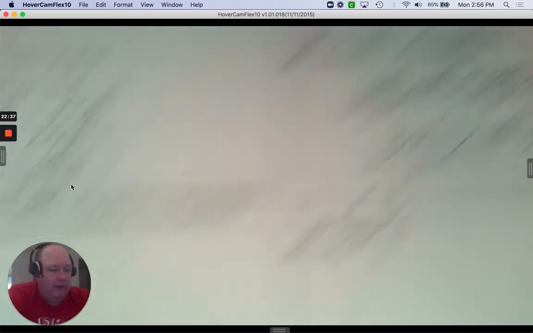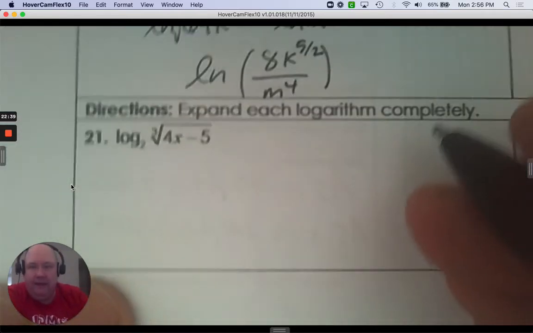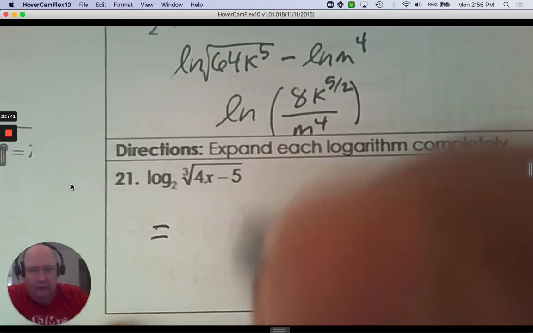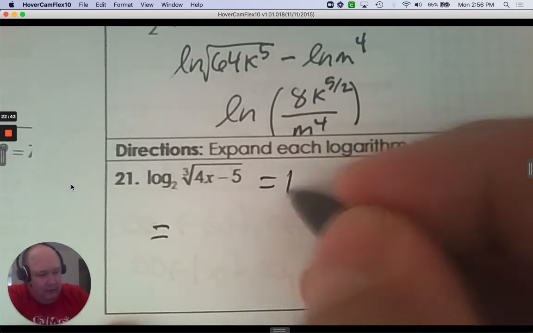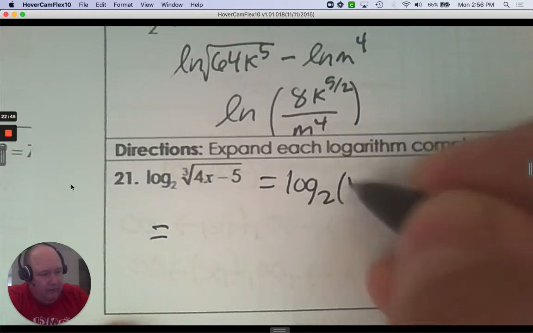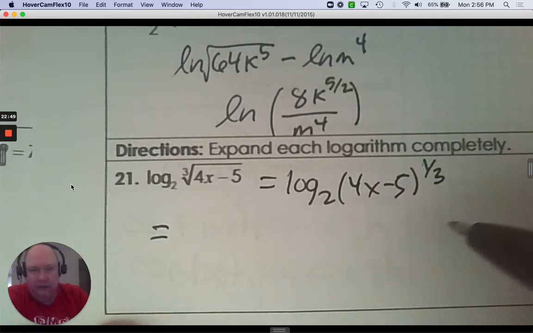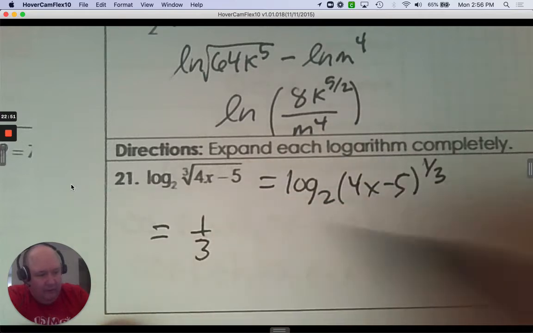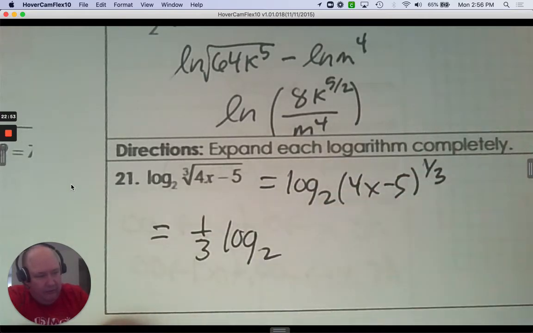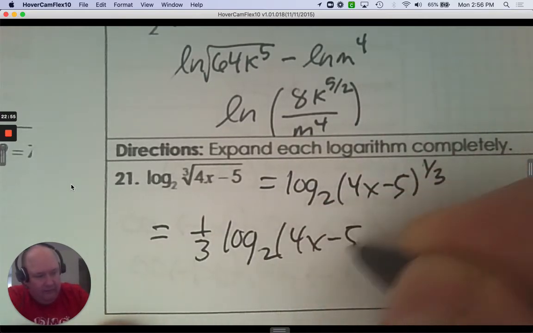For number 21, we're going to expand the logarithm. We're going to go in the other direction. So I'm going to write this as an exponent. So that's 4x minus 5 to the exponent 1/3. Then I can write that in front of the logarithm as a product, and that's it.